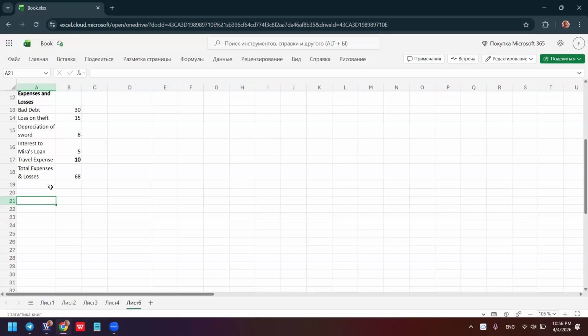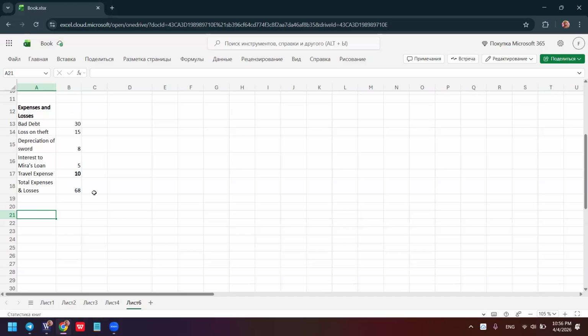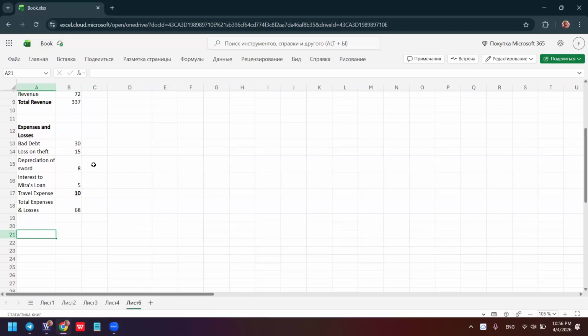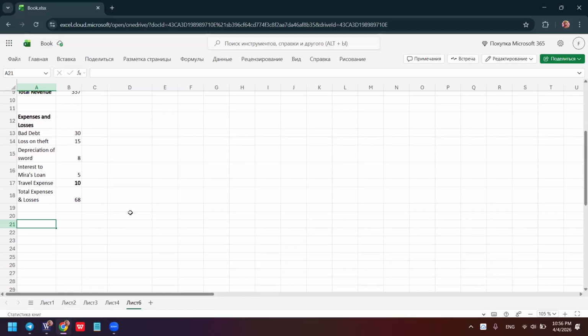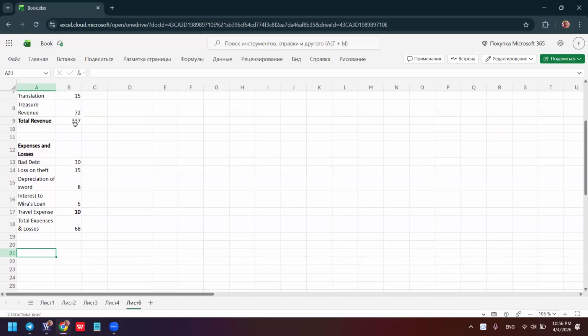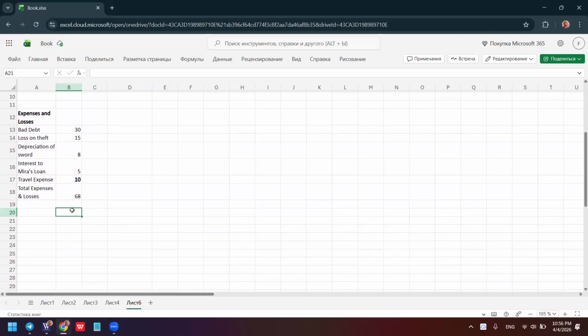The next step is I will do for now the operating expenses. And before I do that, let's calculate what revenue so far we have. We have the revenue, which is 337. Expenses in total are coming out to 68. So if we do the calculation for now, it will be 245, right? 237.